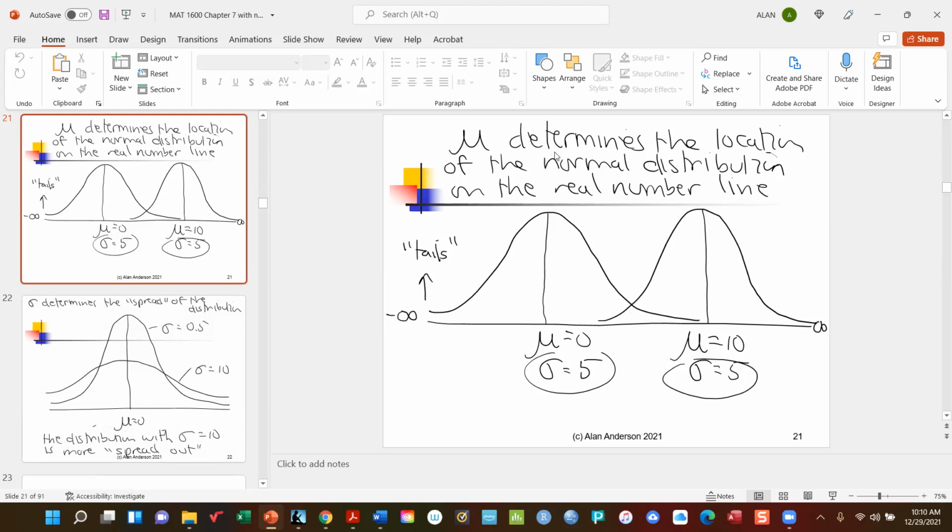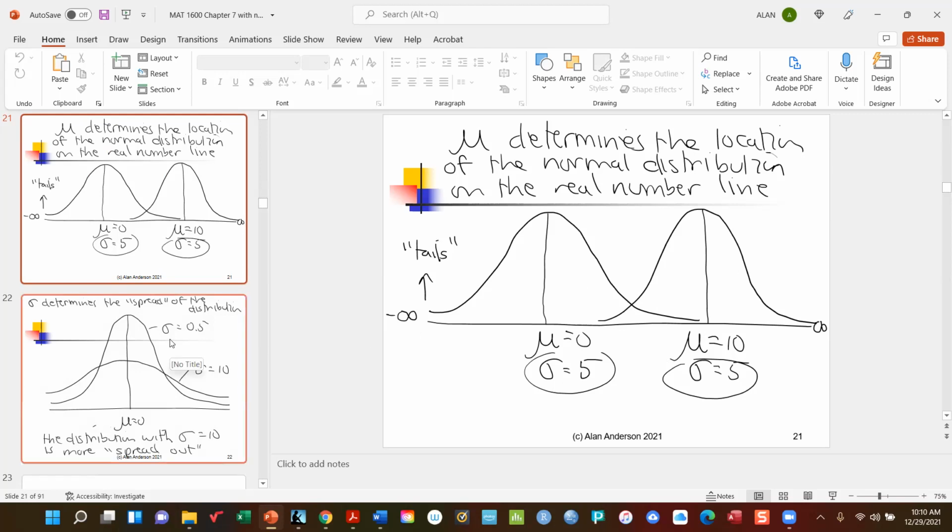So in other words, the mean determines the location on the real number line. The shape is the same. Okay, and you notice the tails do go out to positive and negative infinity, no matter where they're located. The thing that separates one from the other is where is the center, or where are they located.